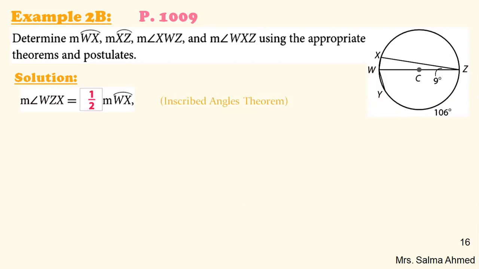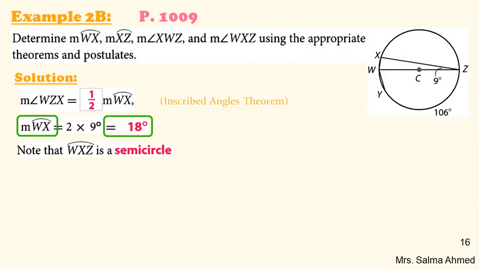By using the inscribed angle theorem, if this angle is half of that, I can find this measure by multiplying the angle by 2. So the measure of arc WX equals 2 times 9, which equals 18. Now we found the first unknown.